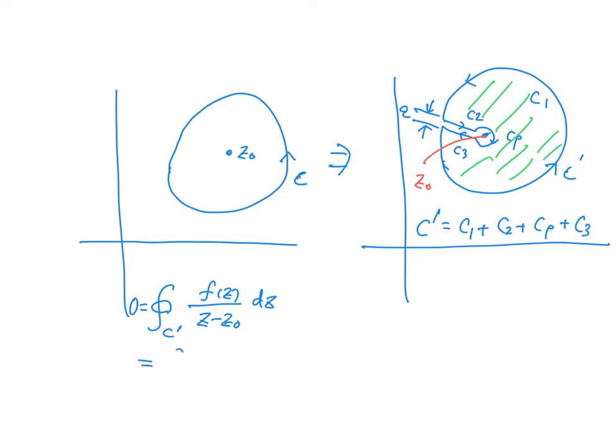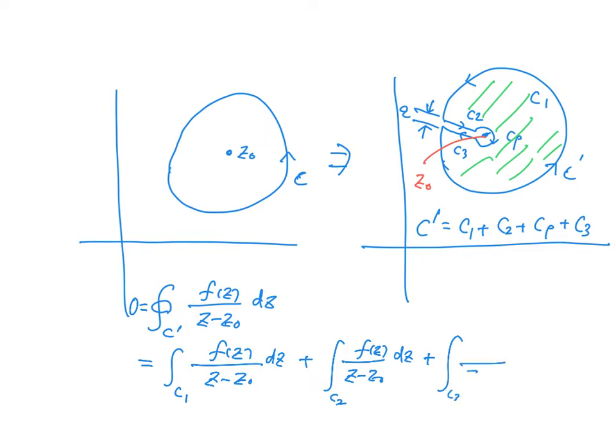And this can be added as C1, C2, C3, and this is C rho. Maybe I can put a minus sign here because this is clockwise.